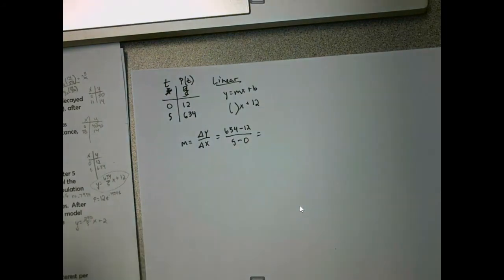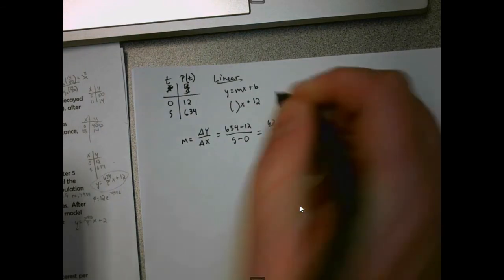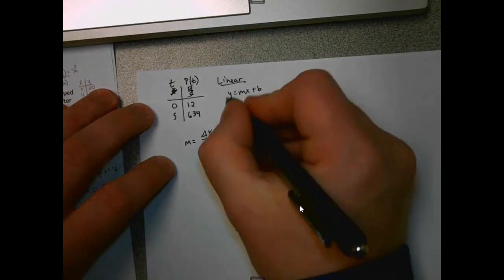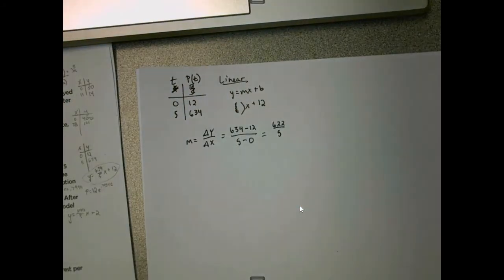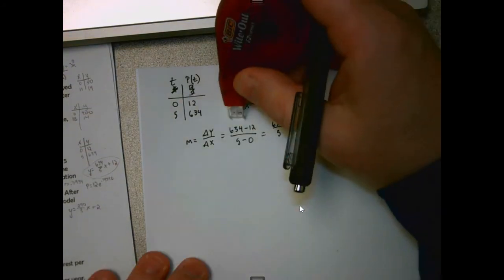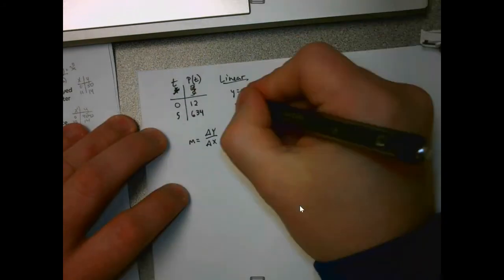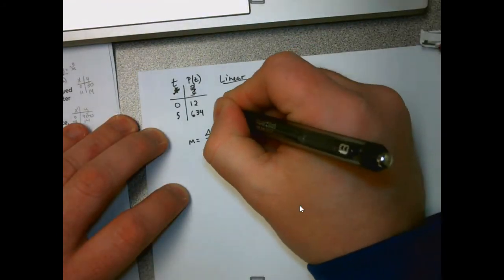You will get your slope. So that's 634 minus 12, 622 over 5, which I don't think reduces. Nope. So there's our slope. So 622 over 5 equals m.